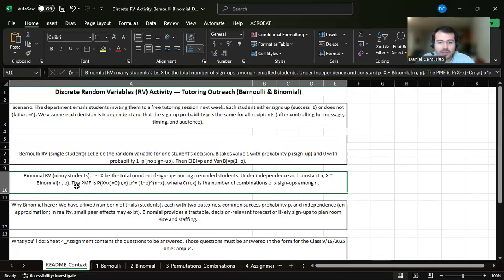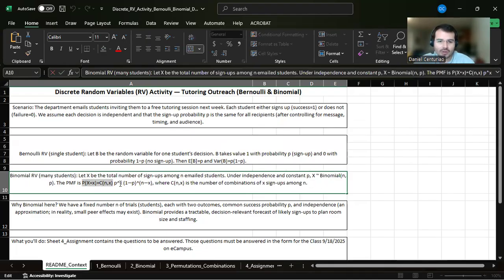Another important assumption that we have here is that the probability mass function, or the probability distribution function, is given by this formula. This formula gives us a theoretical way to understand how the summation of the students' decisions will shape.